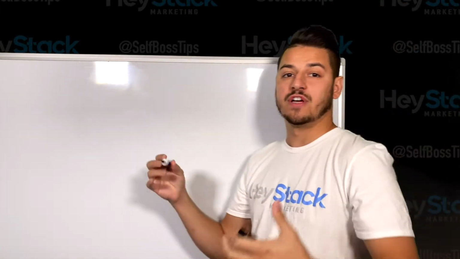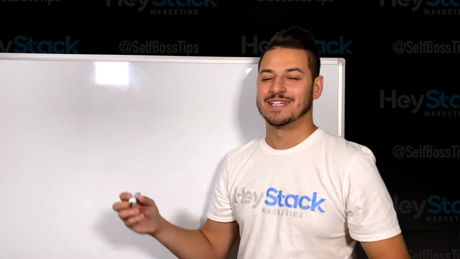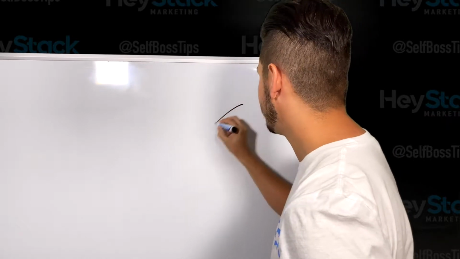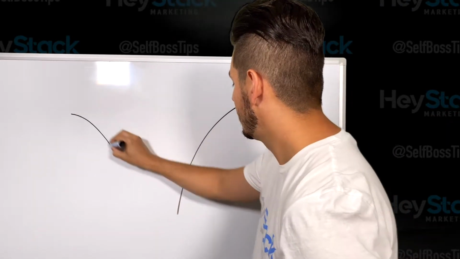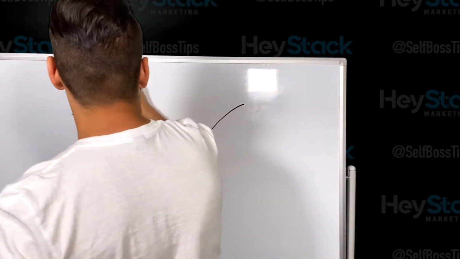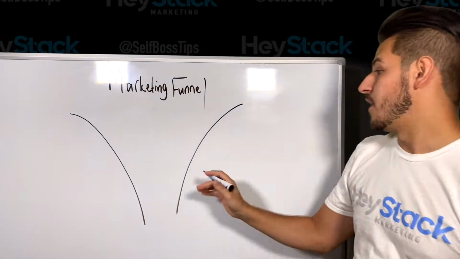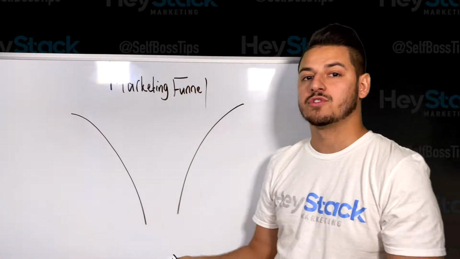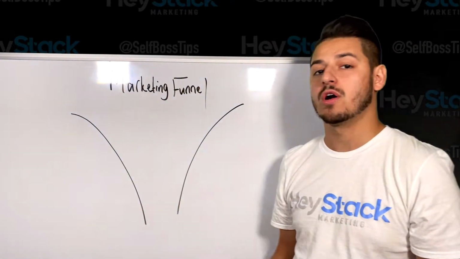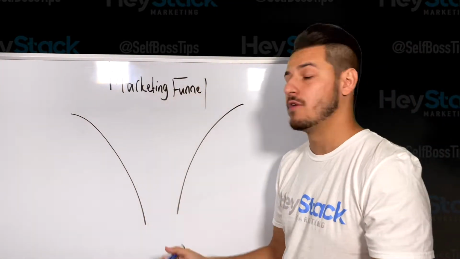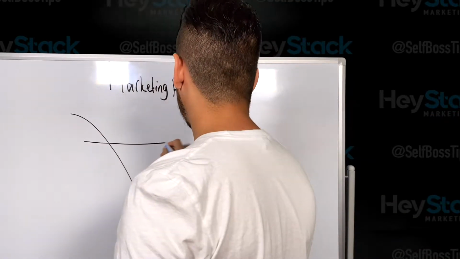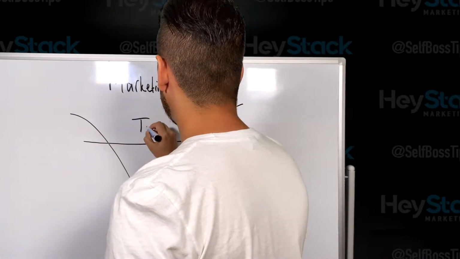The marketing funnel is shaped exactly as you would expect. It is a funnel. So here's our beautiful funnel, and we'll title this marketing funnel. All right, so we have our marketing funnel. There's three parts to a marketing funnel. The first part is known as the top of the funnel, and it's often abbreviated as ToFu.